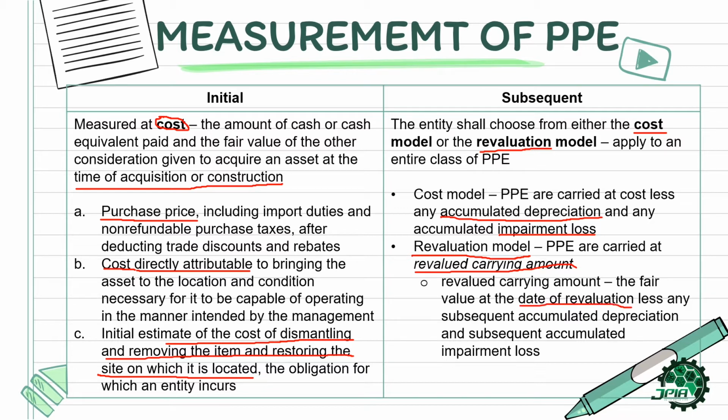Since fair value is really market value and it is always changing, in this type of model, the asset's value is also changing. So, the carrying amount here is the revalued amount, at fair value, less subsequent accumulated depreciation and subsequent impairment loss. Okay? So, that is the revaluation model.